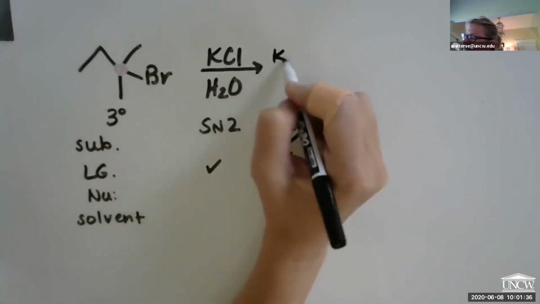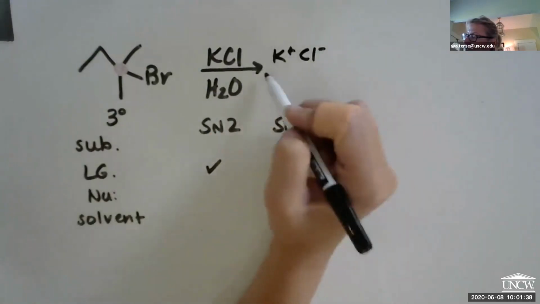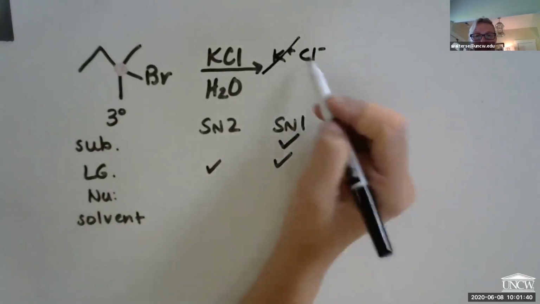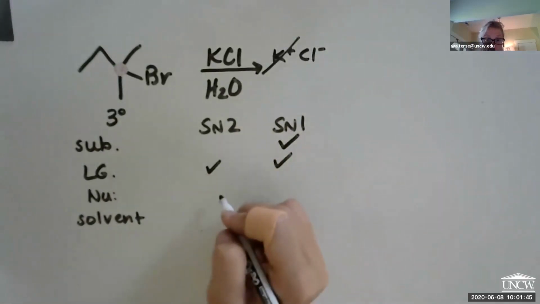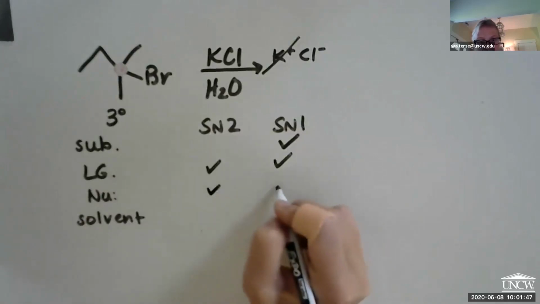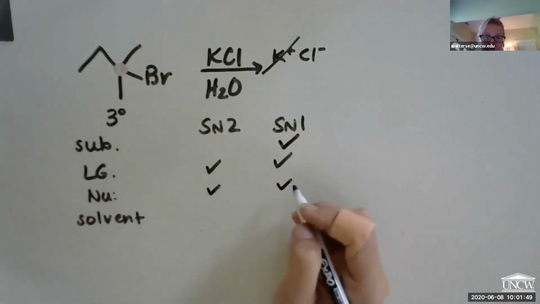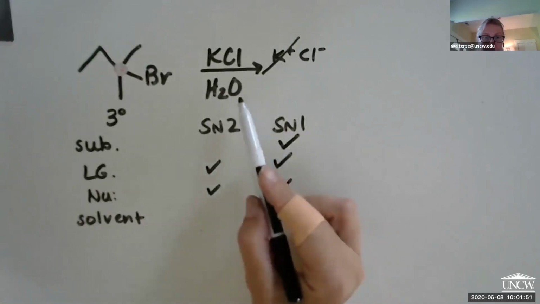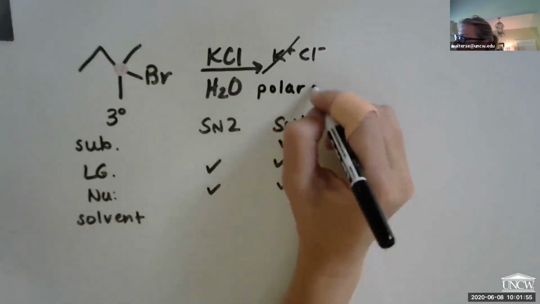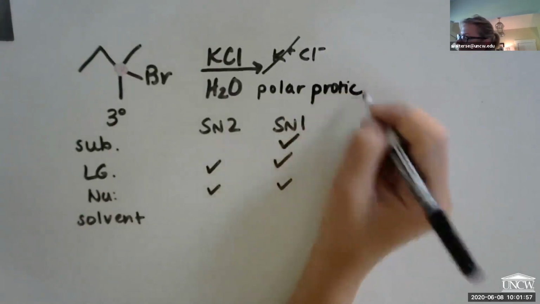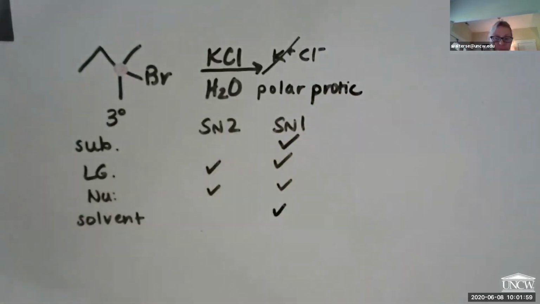Your nucleophile is in the salt. You can ignore the potassium. Chloride is a good nucleophile. It's a strong nucleophile, so it can be used in either SN1 or SN2. Water is polar and protic, SN1.